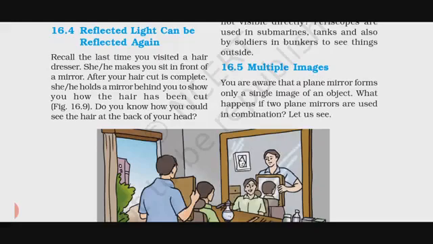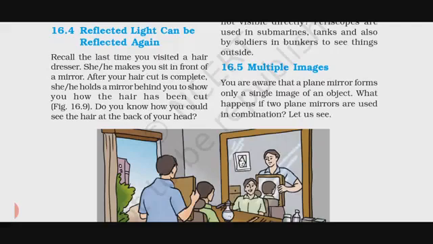An example of multiple reflection is when you go to the barber shop to get a haircut. You cannot look at the back of your head by simply looking at the front mirror.